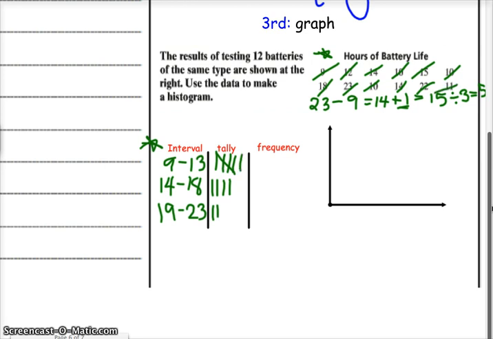Frequency tables are weird. You don't have to do it like this, but you're supposed to say, hey, this occurred 6 times, this occurred 4, this occurred 2. So I'm going to scale it by 2s, 2, 4, 6.